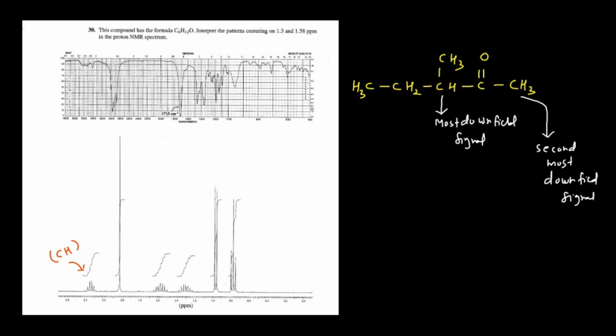So this carbonyl group will de-shield the hydrogens of this methine as well as this methyl group. But this methyl group has 3 hydrogens, so the de-shielding would be a little bit lower for these 3 hydrogens when compared to this particular hydrogen. So this is the second downfield signal. That means this signal is due to the presence of CH3 which is connected with the carbonyl group, right?